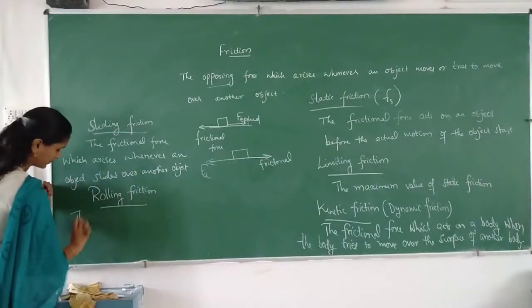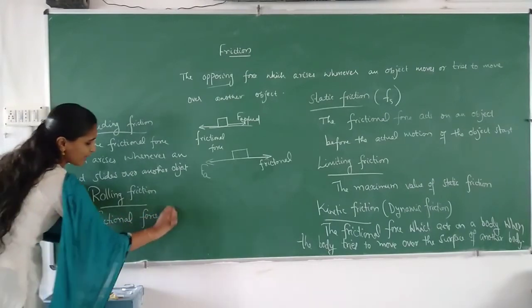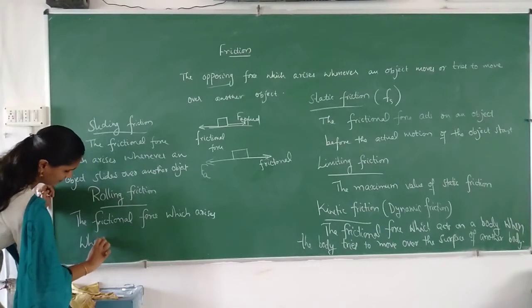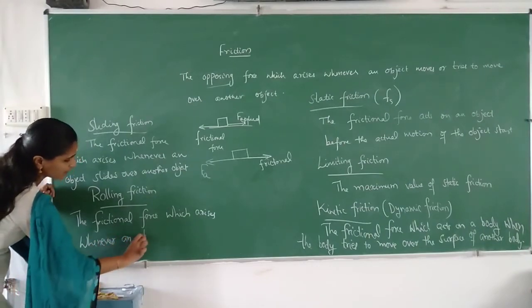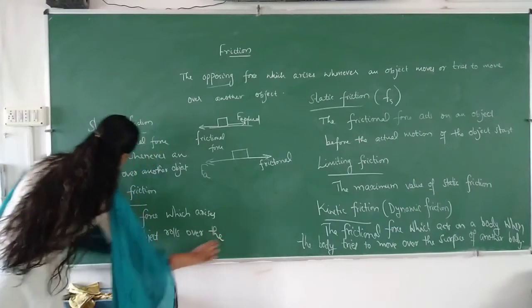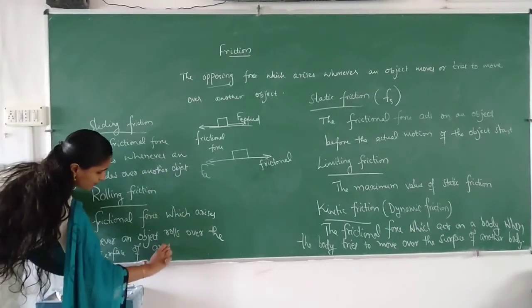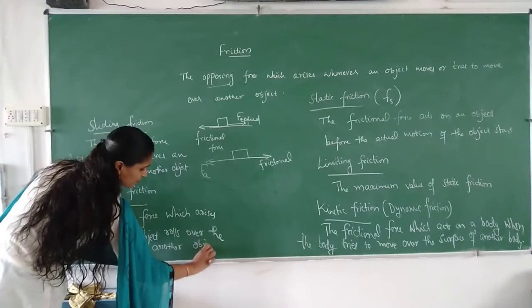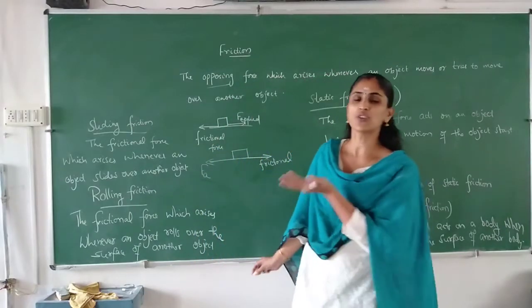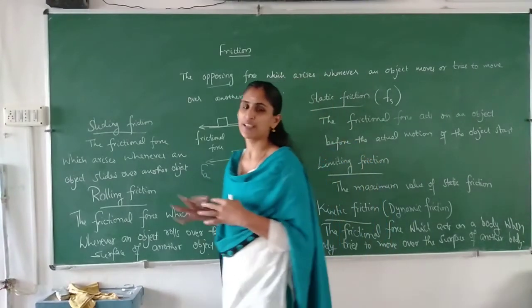The frictional force which arises whenever the object tries to roll over the surface of another object is known as rolling friction, and rolling friction is less than sliding friction.